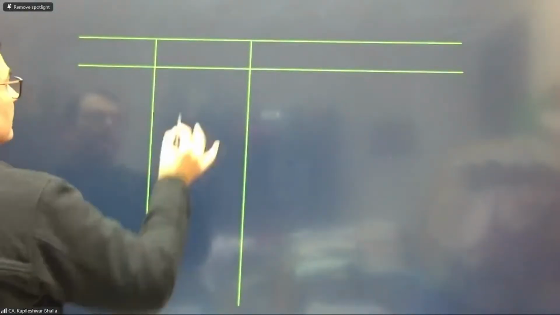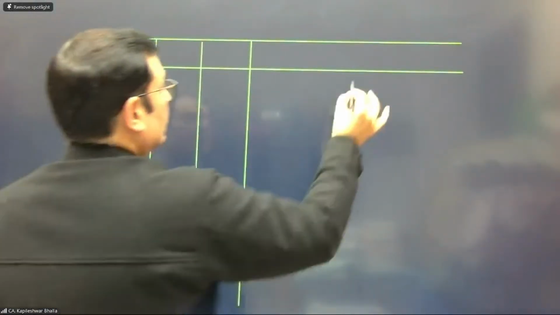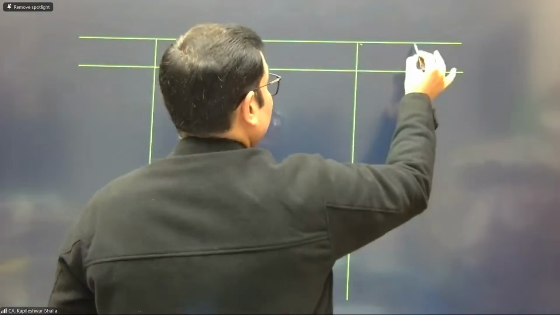First, when you make the column in a foreign currency, just concentrate on a 109 concept. And then you can translate that in terms of Ind AS 21, so you'll never go wrong. So let's create two columns again on the debit side and two columns on the credit side as well.